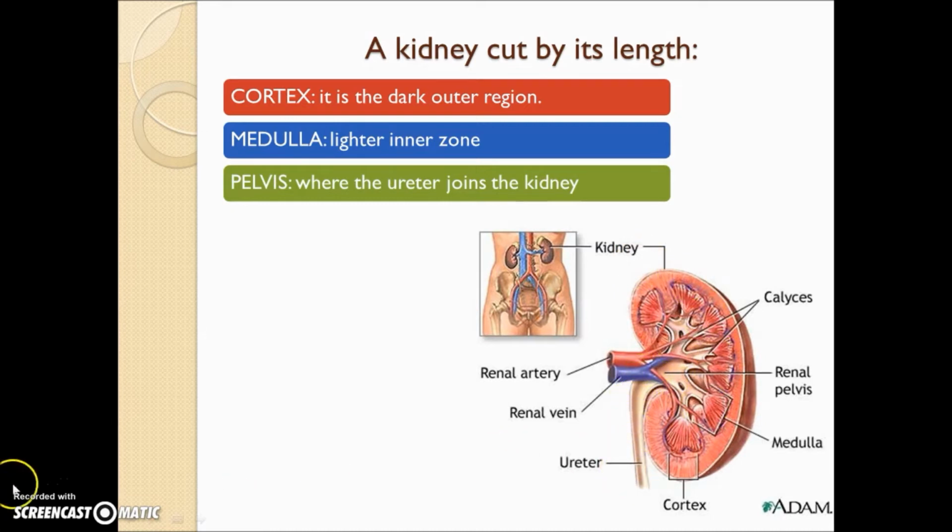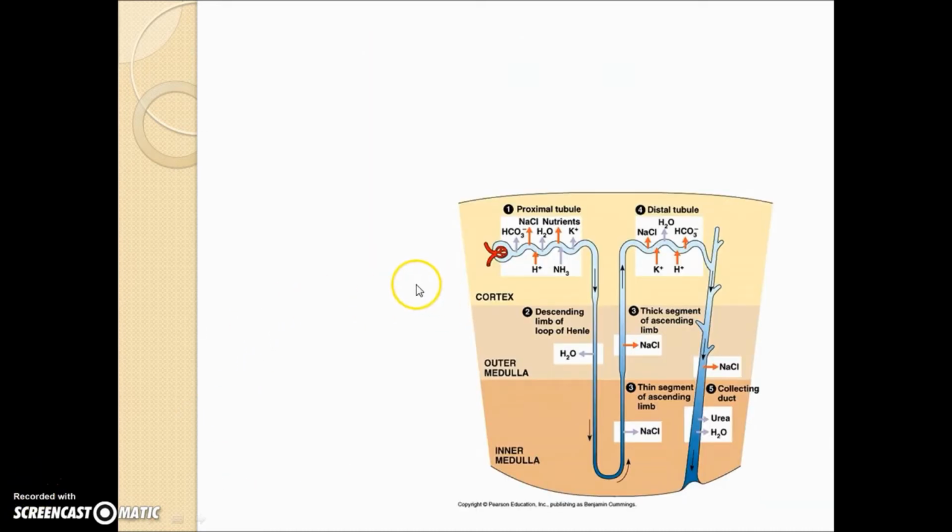Well, do you remember that we talked about the nephron, that is the basic structural and functional unit of the kidney? Remember that we have 4 million nephrons in a kidney to enlarge the absorption area of the kidney.